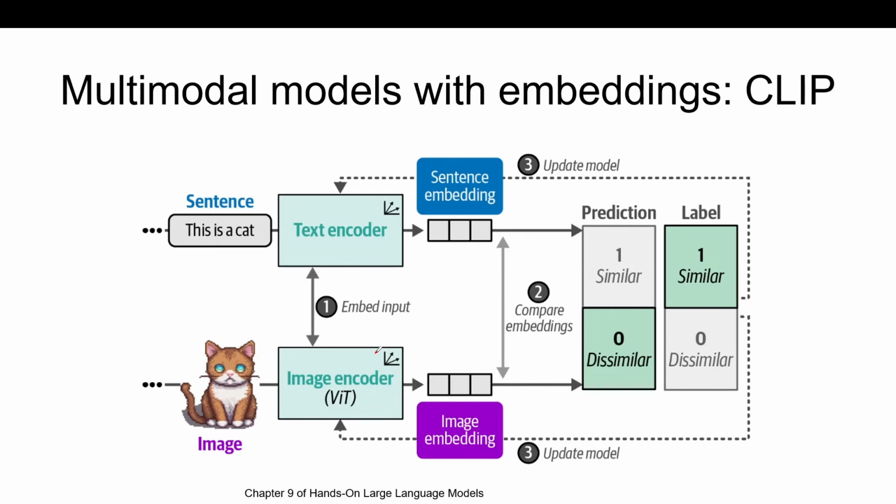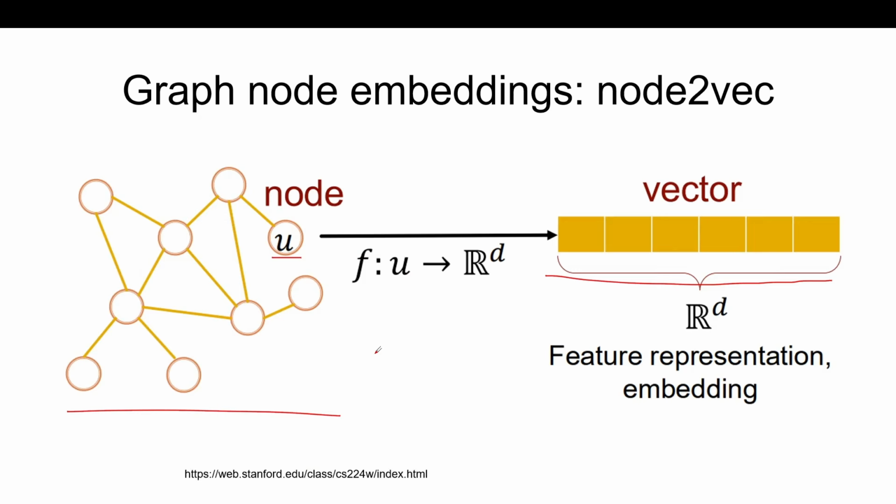Okay, so in our previous examples, we only showed that we can use embeddings for single-modality inputs. For example, in word2vec or sentence embeddings, we only take text as inputs, and in graph node embeddings, we only take a graph as inputs.